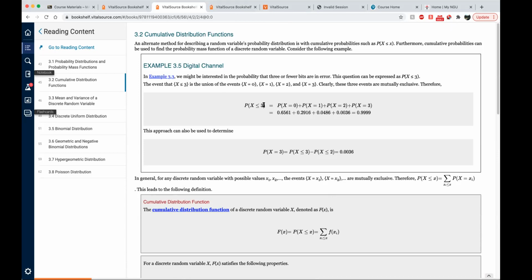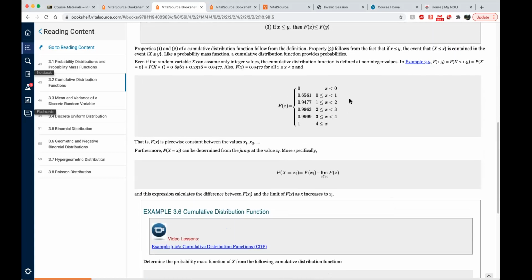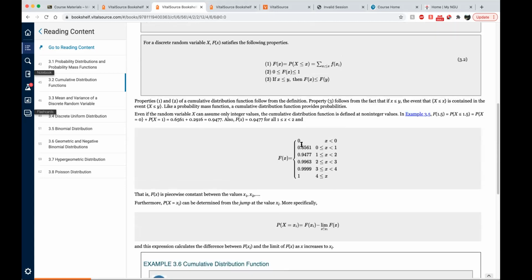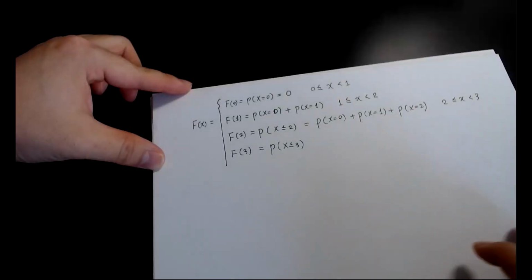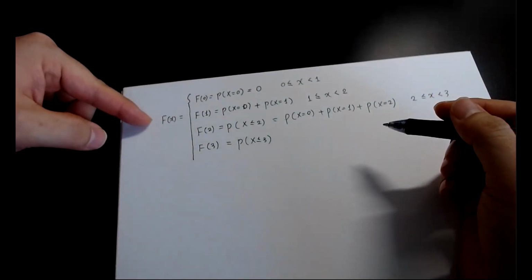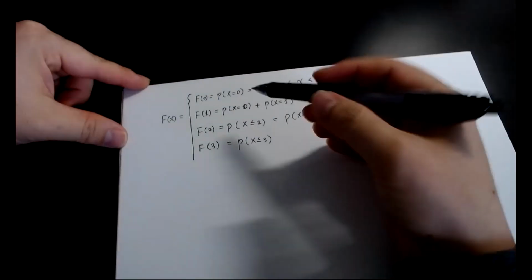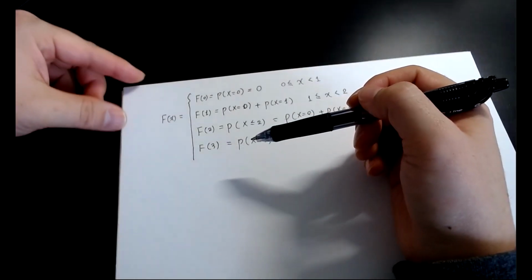P of x equals 0 is 0.6561, and then you see these numbers here. Then we can say that F of 0 must be 0, and F of 1 means what? Give me a second. Here the textbook figures out the CDF by using the definition of the CDF.